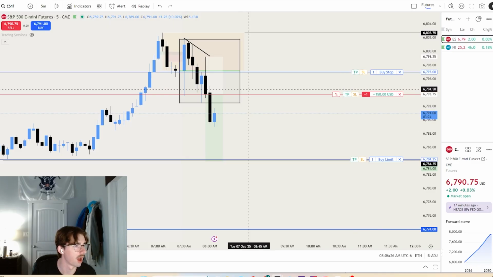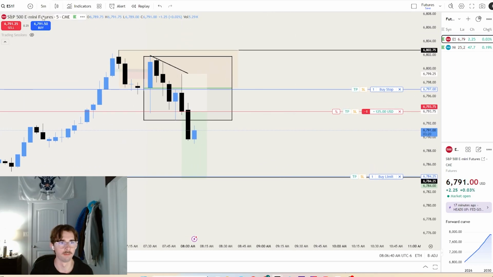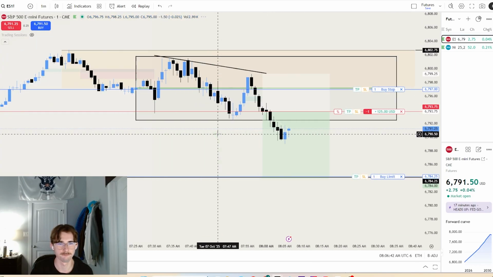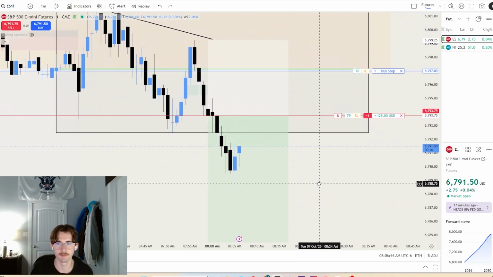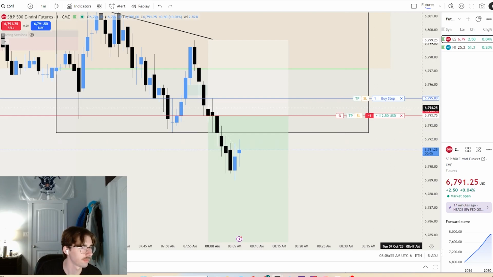Real quick, right now, I do like how price action is forming. I'm gonna move my stop, probably move it to the top of this fair value gap, because if this move happens, this move happens.